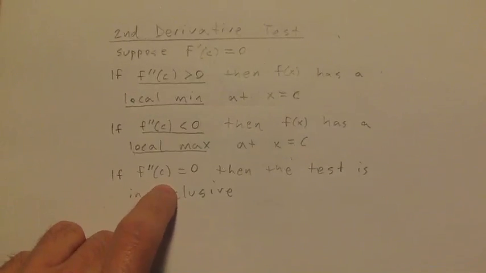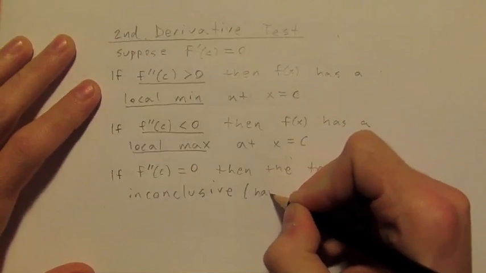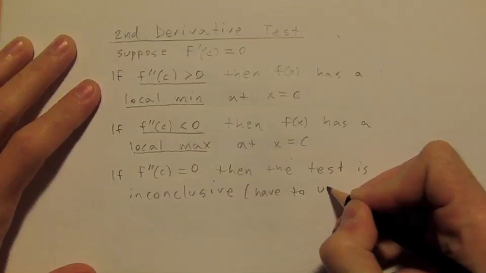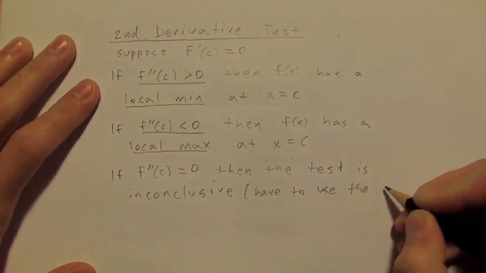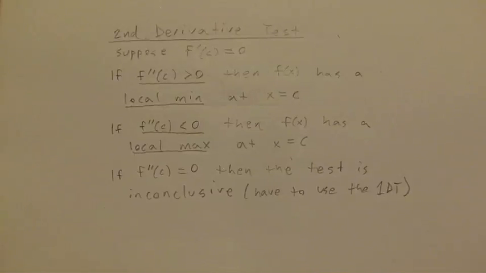For example, if it spits out a 0, then you have to use the first derivative test. Okay. So I'll just call that the 1dt. Right? So that's one good thing about the first derivative test, is that it will always work. But with second derivatives, the more you take derivatives for a lot of problems, the simpler the function becomes a lot of times. Not always, but a lot of times.